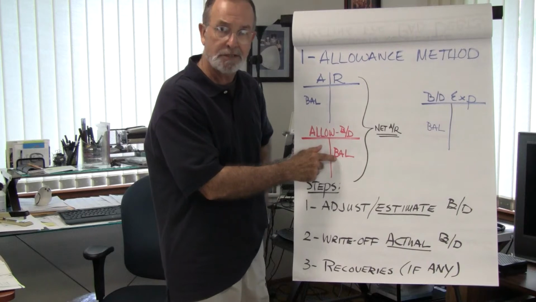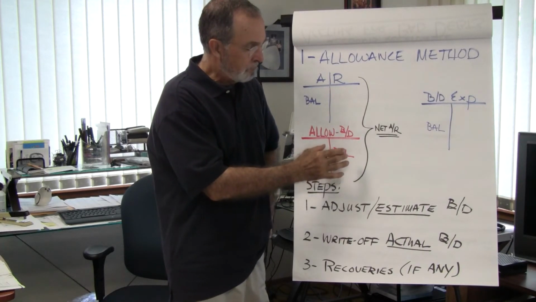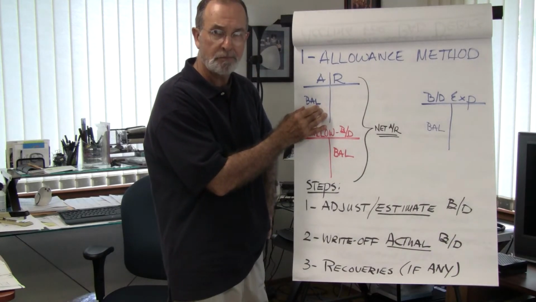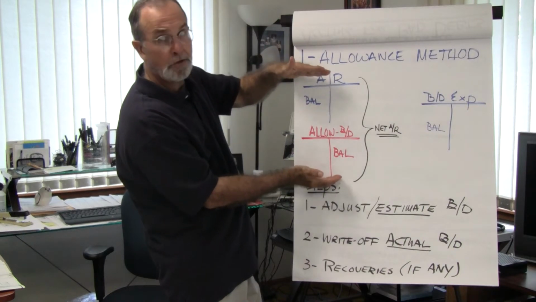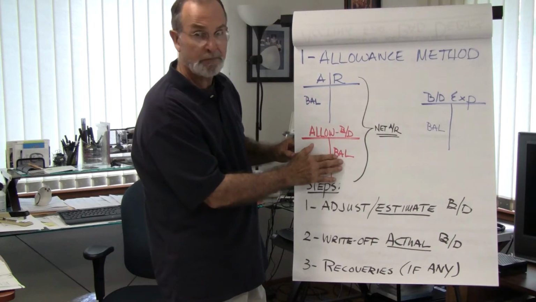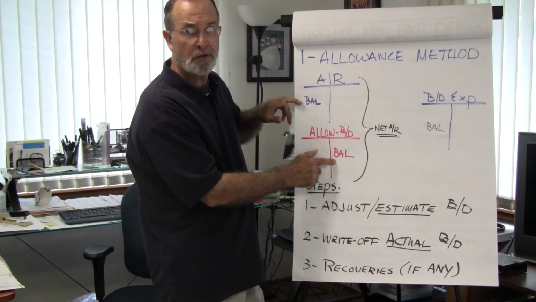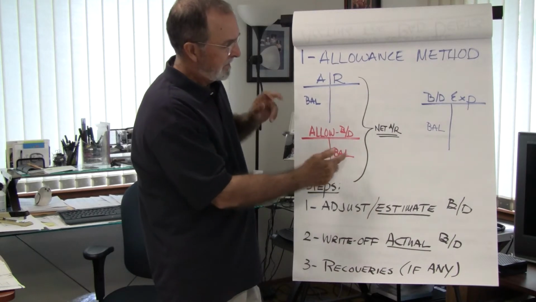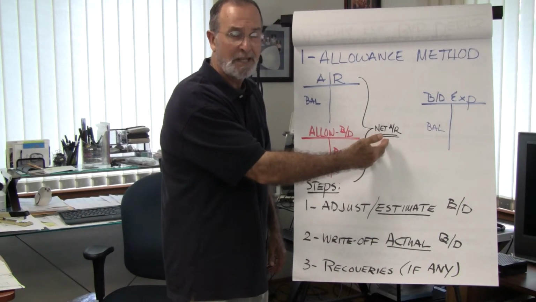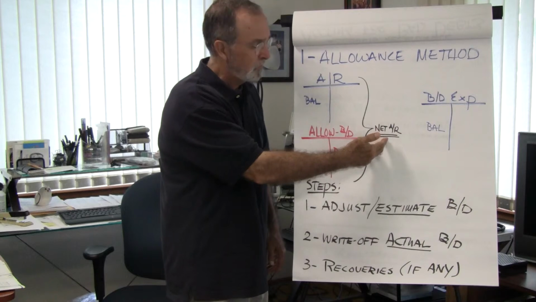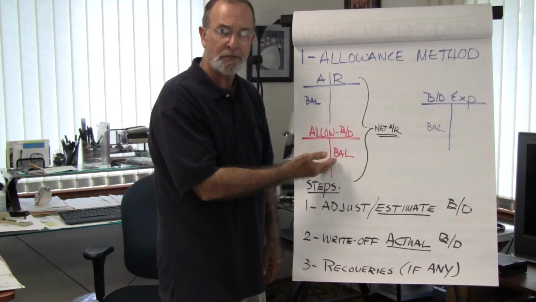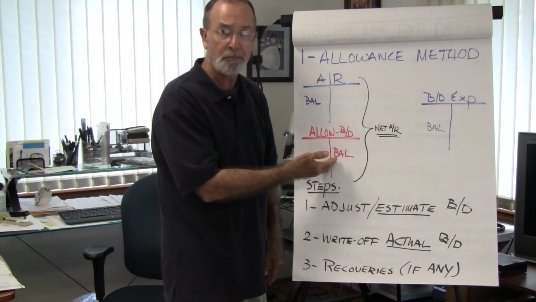Keep in mind, our allowance balance is meant to basically reduce the amount we show in our accounts receivable account, so that when both are taken together, remember, one is a debit balance, one is a credit balance, and so taken together we would always subtract these two amounts. Taken together we would calculate what we would refer to as our net accounts receivable, or accounts receivable net of the allowance for doubtful accounts, or net of allowance for bad debts.